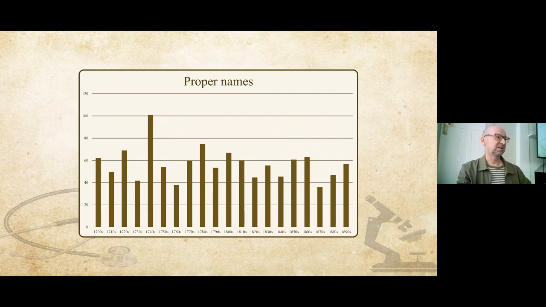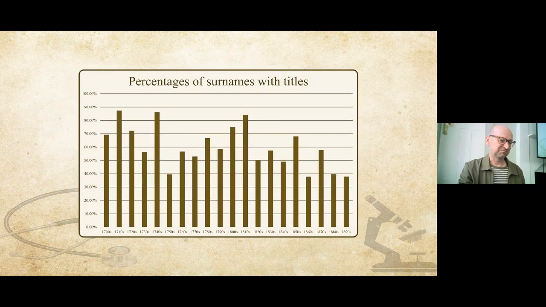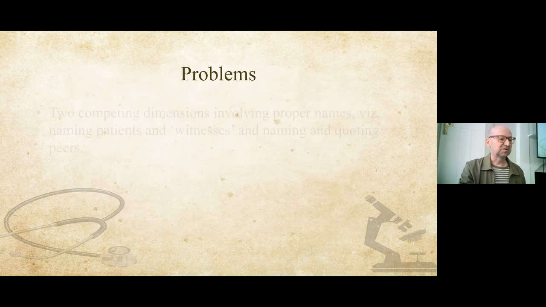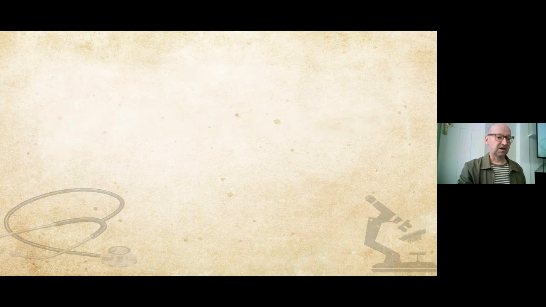So there's no clear development towards decreased use of proper names. Not even in the relation of first names and surnames, perhaps a little bit with percentages of surnames with titles. Problems, of course: there might be two competing dimensions involving proper names, naming patients and witnesses in the first part, and naming and quoting peers towards the later parts of the 19th century.